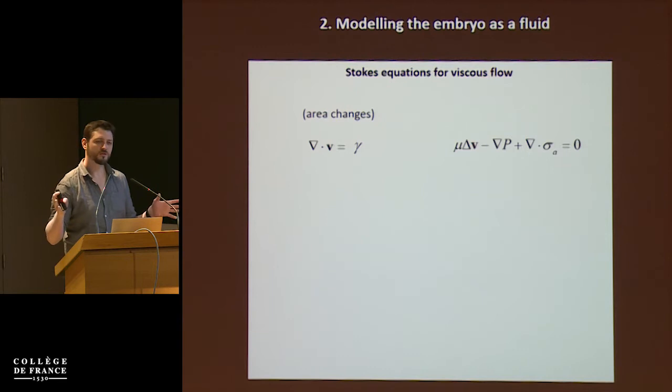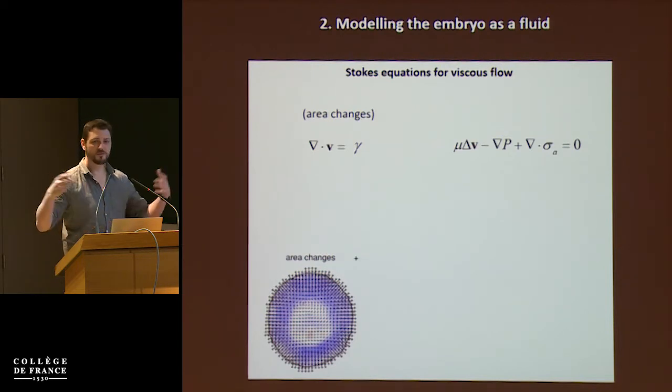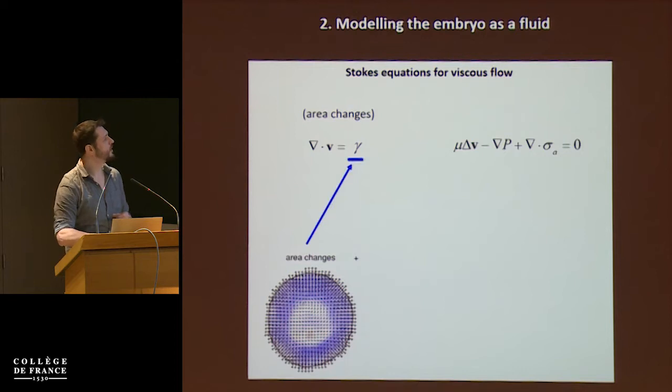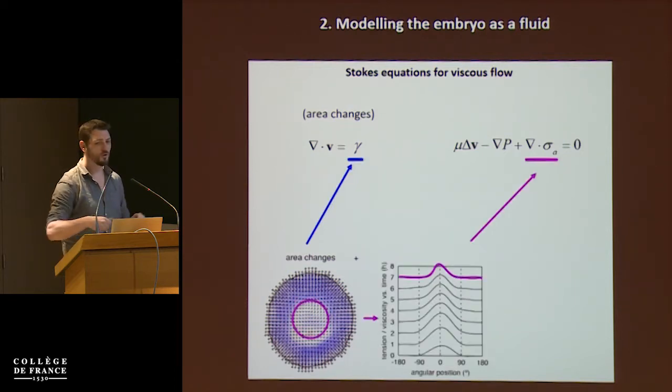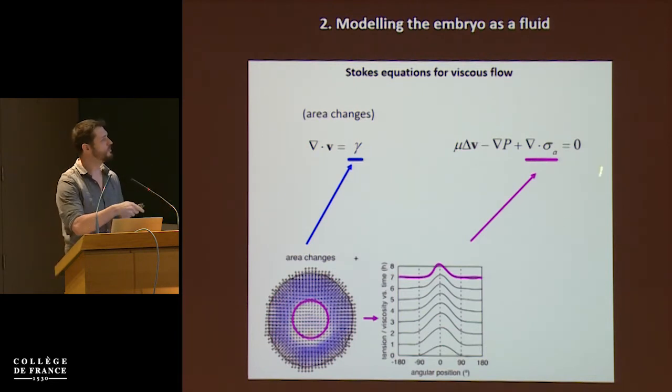So we treat area changes separately from the flow. This comes from the data. So this is the velocity field that gives us the area changes, and then we feed it here, and then we can get an estimation of the distribution of the active forces that will drive the fluid if the embryo is a fluid.